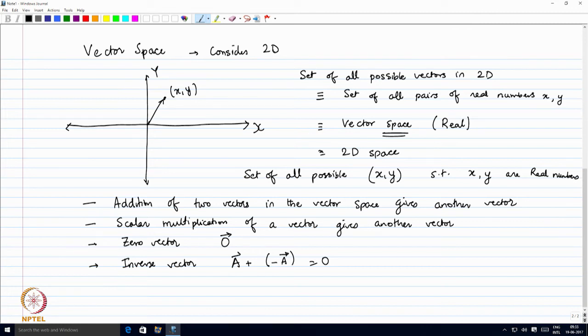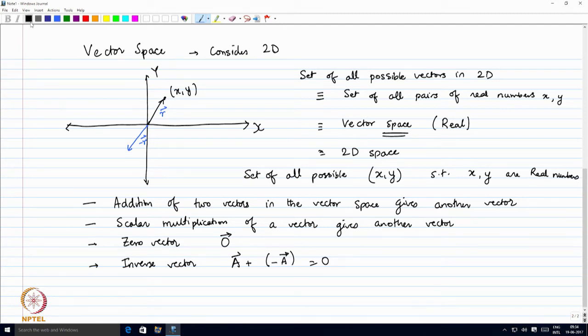These are very obvious. Suppose you look at this vector that is shown here, then you can easily see that an inverse for this vector would look something like this. If this is r, then this will be minus r. It is just a negative of that. So, that is the additive inverse, such that you add up these two and you get the 0 vector.